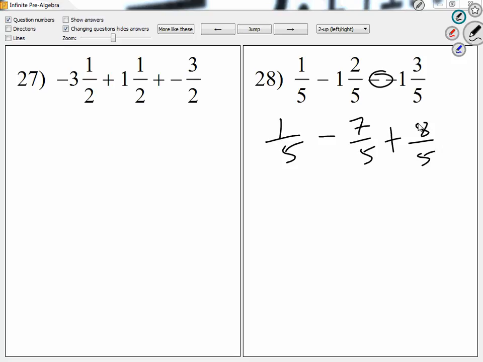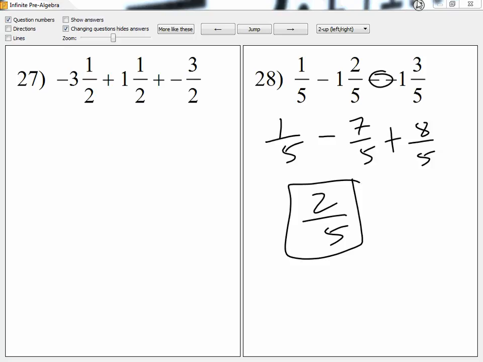Okay? So let's go little by little. I know to copy the 5 from the bottom. How much is 1 minus 7? Negative 6. How much is negative 6 plus 8? 2. That's not improper, so we're good. 2 over 5. Any other questions?